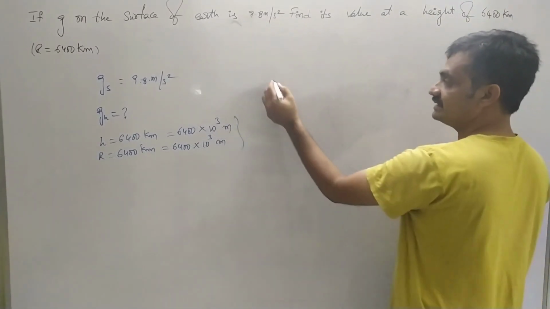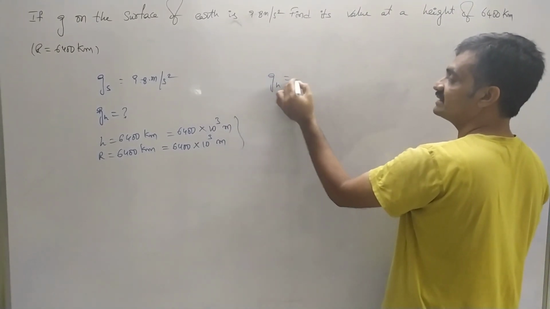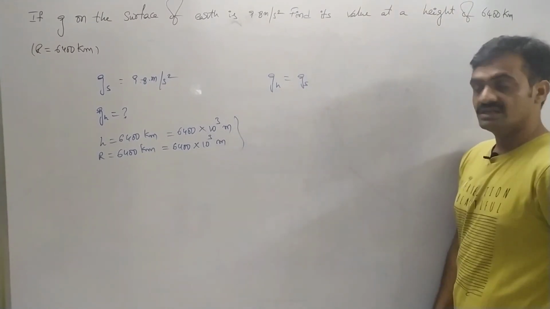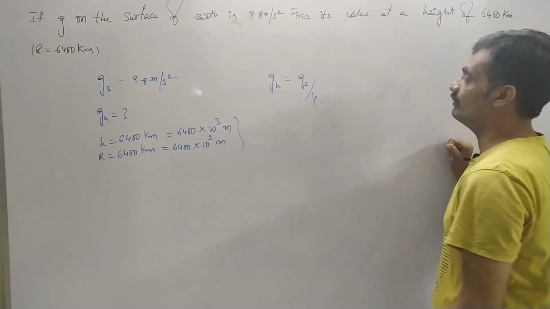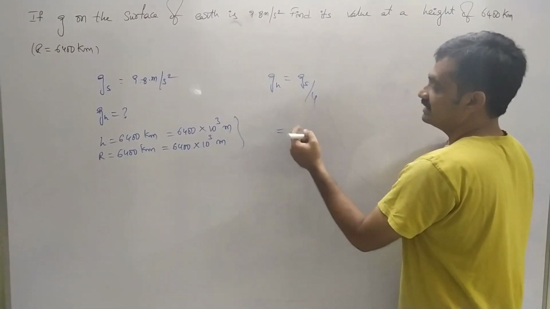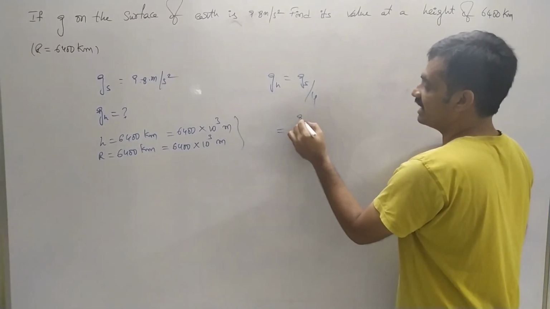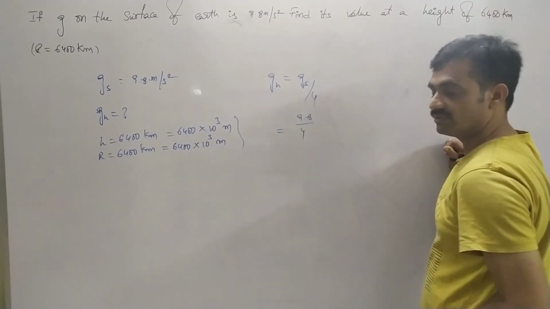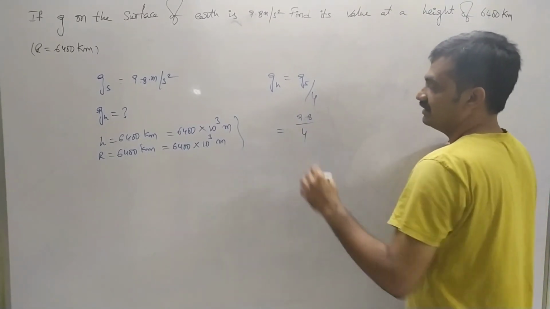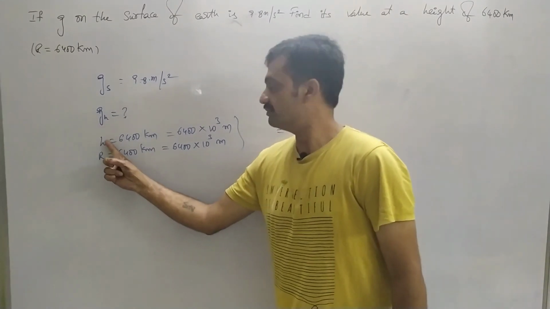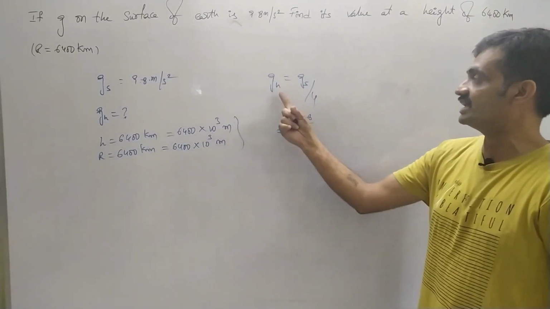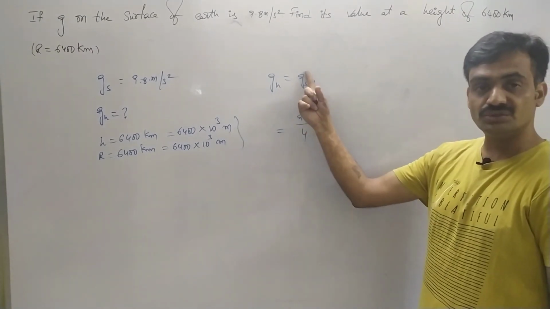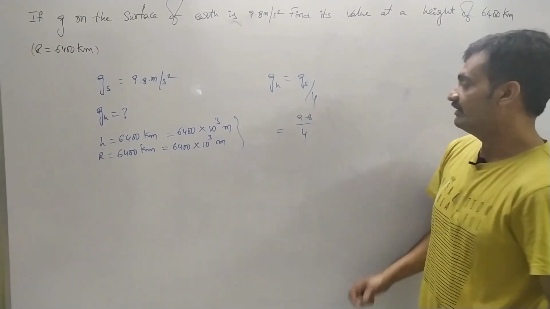Already we had represented the relation with respect to height and gravitation on the surface as g suffix h equals g suffix s by 4. So g suffix s is 9.8 by 4. When height of the body equals radius of the earth, gravitation at height h equals acceleration due to gravity on the surface of the earth by 4.